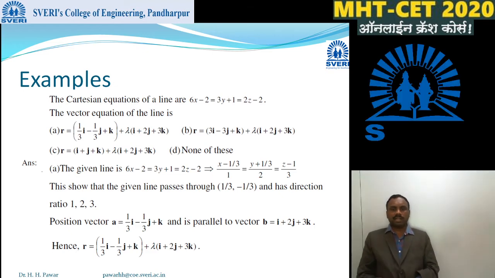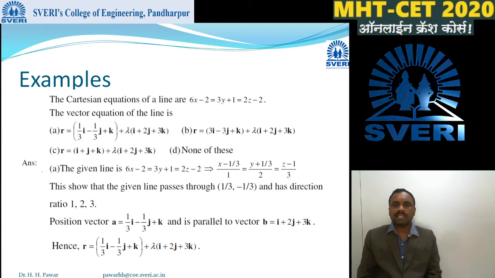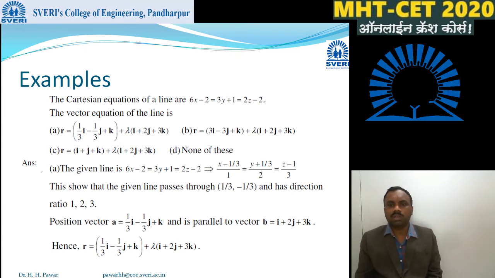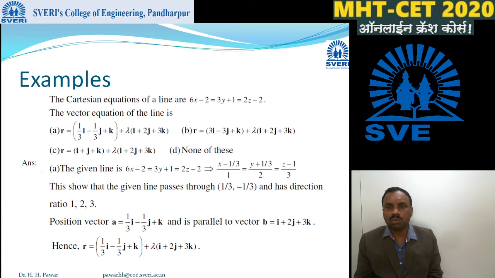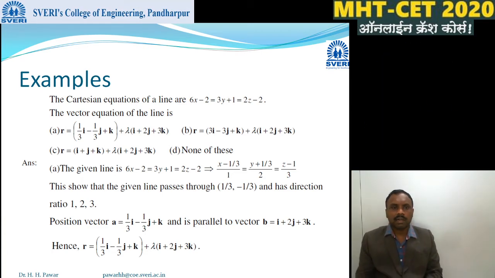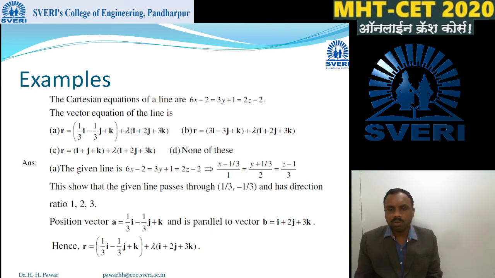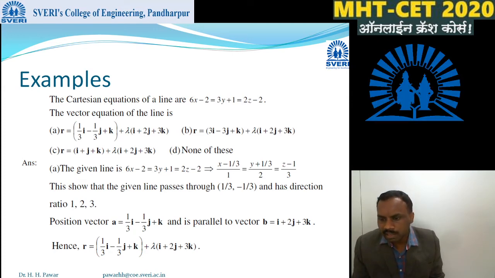Next one: the Cartesian equation of a line is 6x minus 2 equal to 3y plus 1 equal to 2z minus 2. The vector equation of the line is: option one, r bar is equal to 1 by 3 i minus 1 by 3 j plus k.